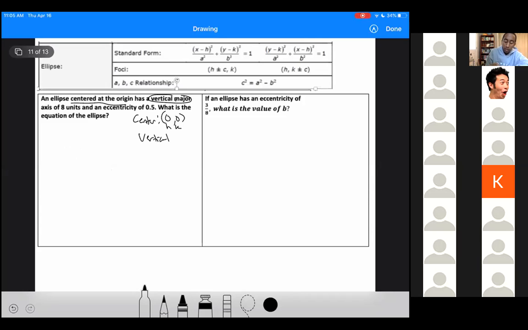And it says that the major axis is 8 units, which therefore tells us that the A is 4, because A is half of the major axis.